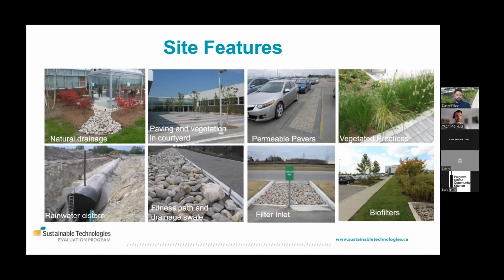And we are monitoring the results of this and found that it was actually cheaper for them to do these LID features instead of having a stormwater management pond. The local municipality was going to require them to have their own internal minor stormwater management system on site. So by having these LIDs implemented, it was a lot cheaper for them going forward, and they were able to move forward with a much more beautiful site.